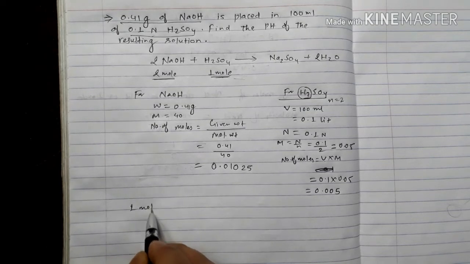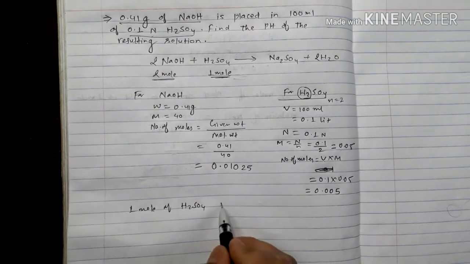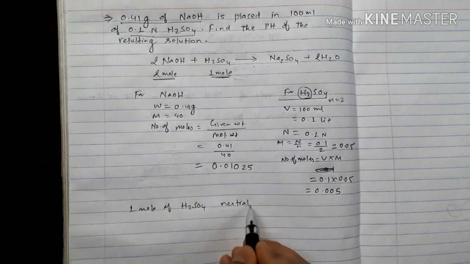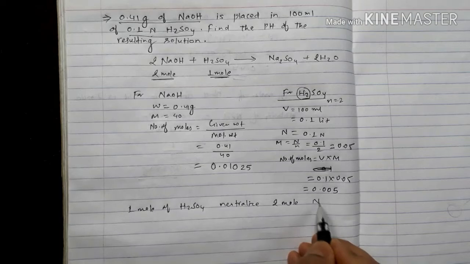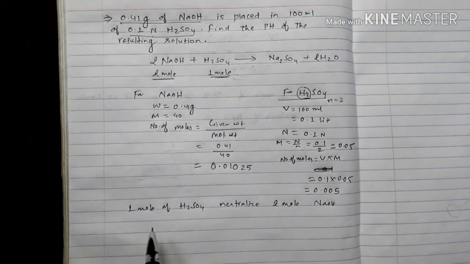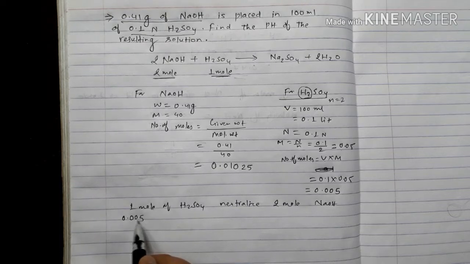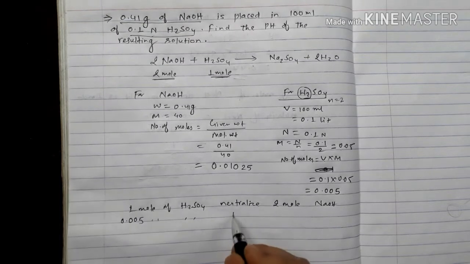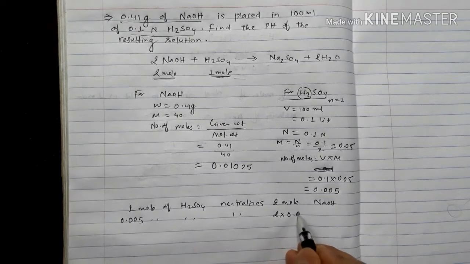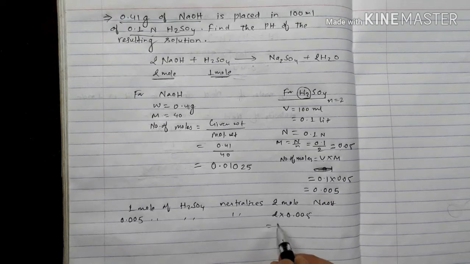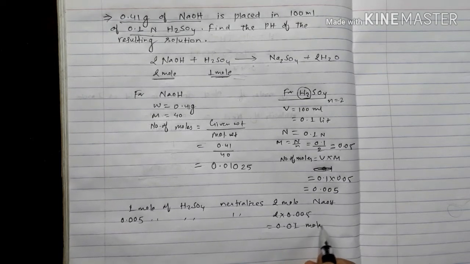Now from this relation we can find that 1 mole of H2SO4 neutralizes 2 moles of NaOH. Therefore, 0.005 mole of H2SO4 neutralizes 2 into 0.005, that is 0.01 moles.